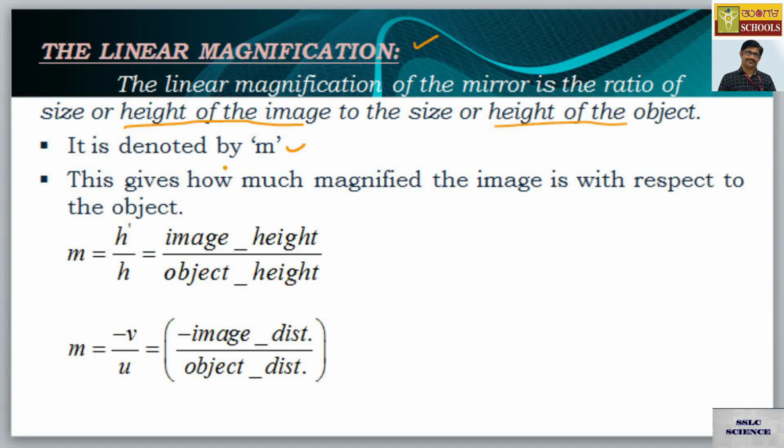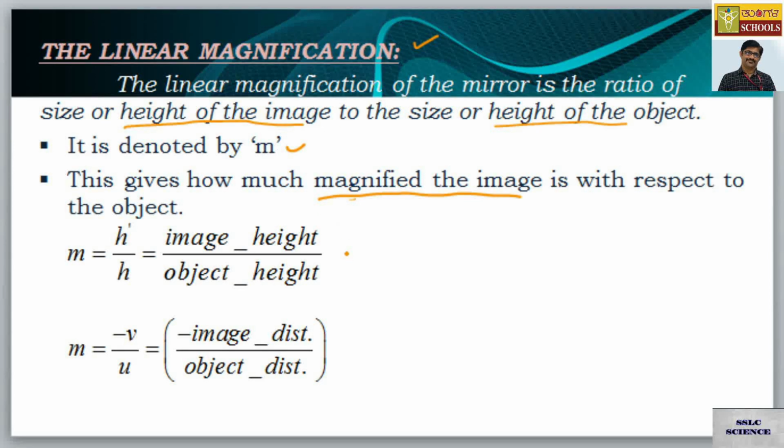Linear magnification gives how much magnified the image is. This is the physical meaning, even though we defined it in terms of a ratio. It gives how much magnified the image is with respect to the object.